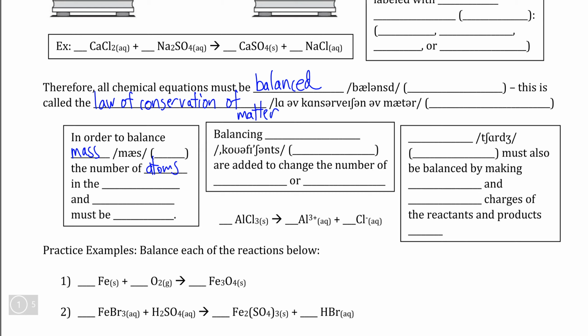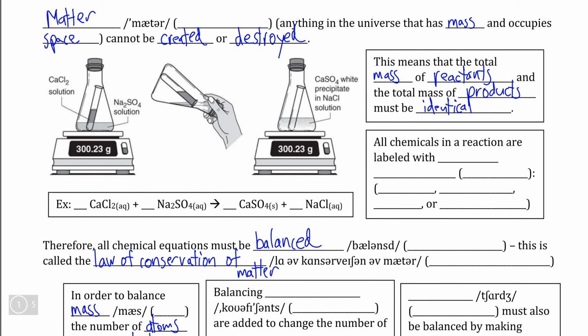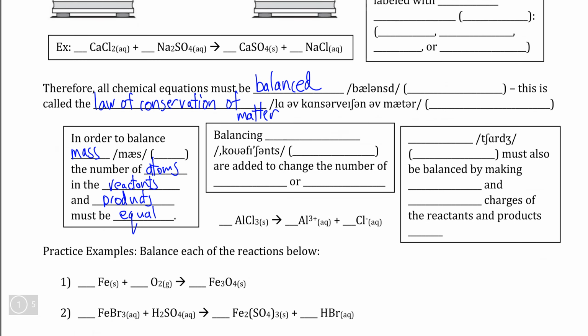So if we count the number of atoms in our reactants and compare it to the number of each atom in the products, and if we make them equal, that means that our equation has become balanced. But remember that we cannot violate the law of conservation of matter, which means we can't just add new atoms or take away old atoms, because matter cannot be created, nor can it be destroyed.